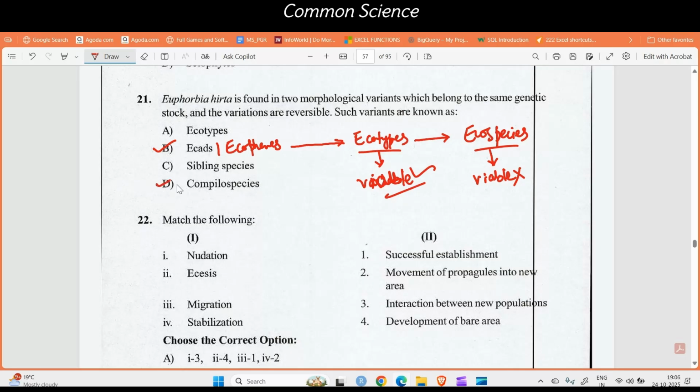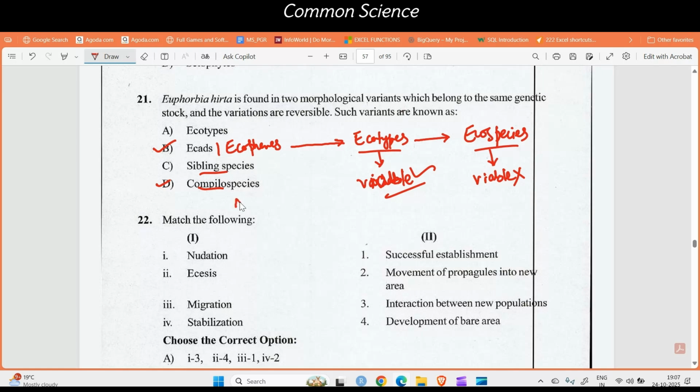Sibling species are morphologically indistinguishable, but reproductively isolated species. This is an interesting concept here: compilospecies. Compilospecies are the aggressive species. These are aggressive species which acquire or assimilate, or you can say steal, genetic material from another species.